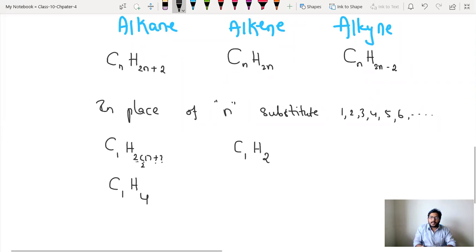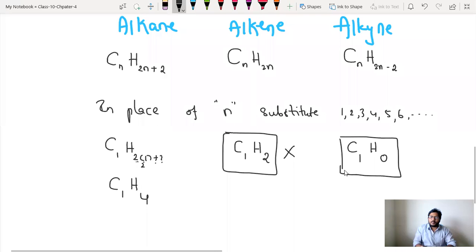If you substitute 1 in alkyne, it will become C1H, 2 into 1 is 2, 2 minus 2 is 0. Basically, this molecule is not formed. It is not possible. Why? We'll discuss in our next lecture. This also not formed. Why? One carbon with no hydrogens means carbon with 4 valencies, it will be waiting to get stable. So this is also not possible.